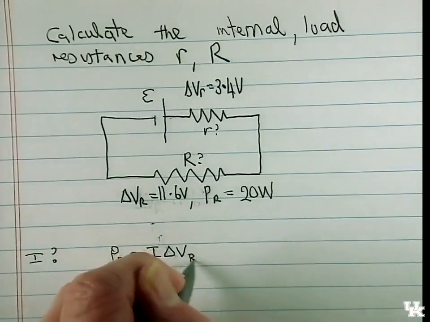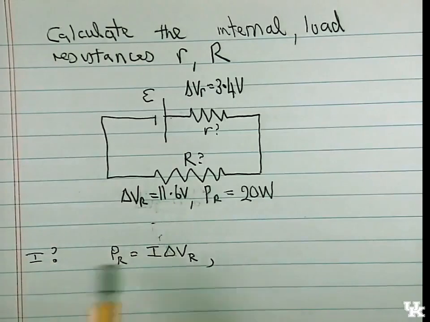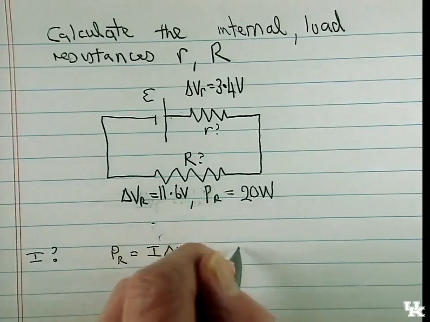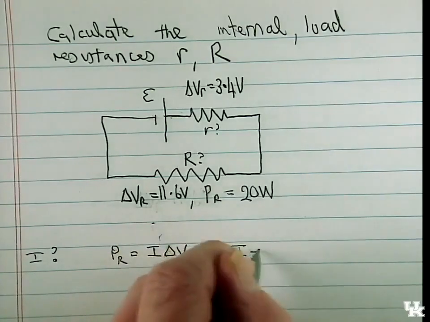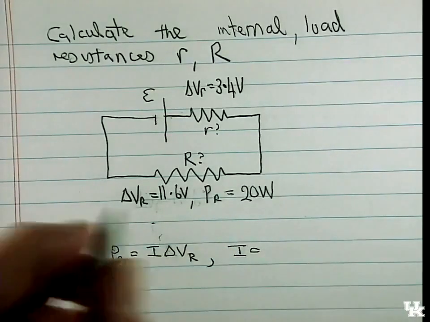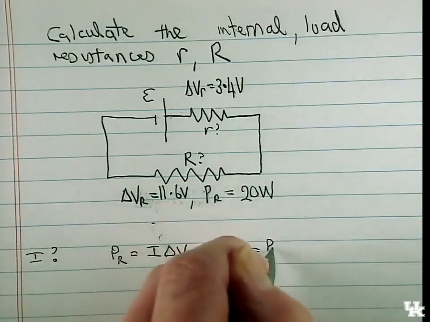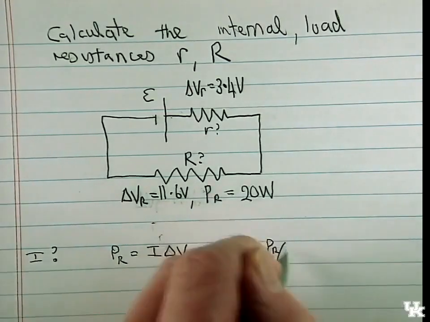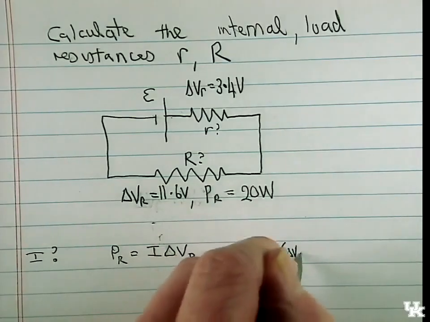That was completely irrelevant. But the power dissipated in the load resistor is the current in the load resistor times the voltage across the load resistor. Immediately we see I can solve for the current by rearranging this equation as power in the load resistor divided by the voltage across the load resistor.